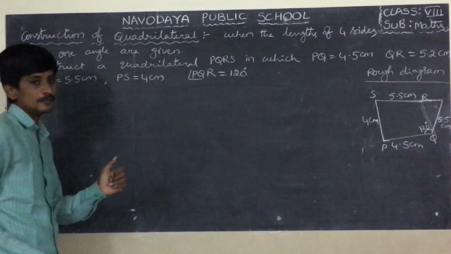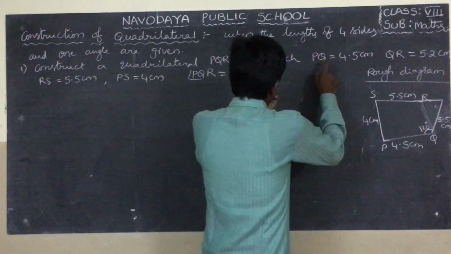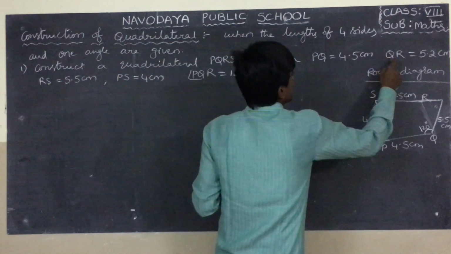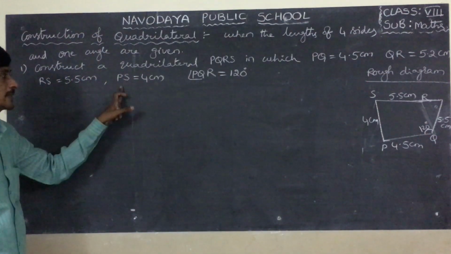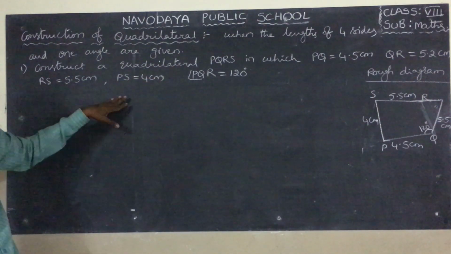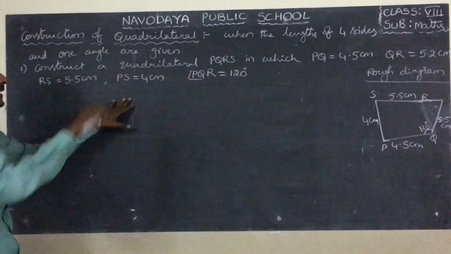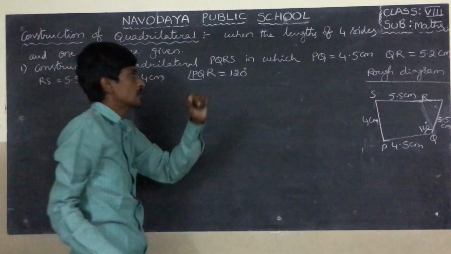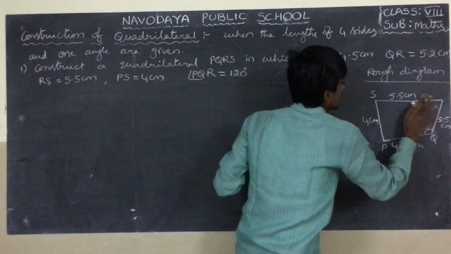First, PQ equals 4.5 centimeters, QR equals 5.2 centimeters, RS equals 5.5 centimeters, PS equals 4 centimeters. These are the lengths of the four sides of the given quadrilateral, and angle PQR is equal to 120 degrees.